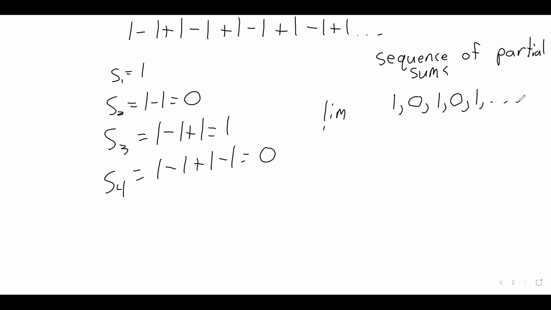And I looked at the limit as n goes to infinity of this thing, and I said, well, this doesn't have a limit. It's not going anywhere. It's just bouncing between 0 and 1. Ergo, this series diverges.